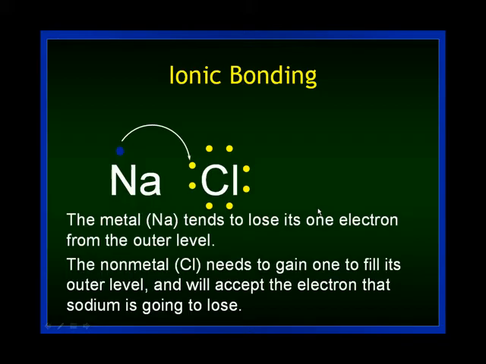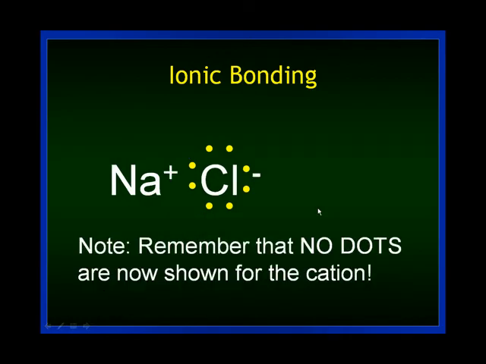And so that nonmetal chlorine now gains 1 valence electron to fill out its outer level, and it accepts the one that sodium is going to lose. And then now you have this positively charged sodium and negatively charged chlorine that are attracted to each other through electrostatic attraction, and it forms a bond. So remember, when you have cations, no dots are shown, and with our anions, our dots are complete.